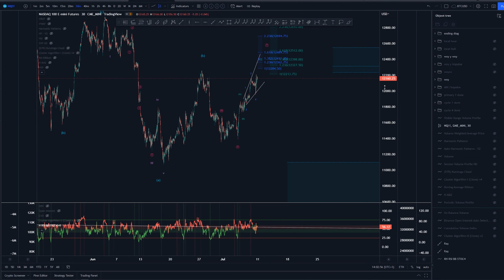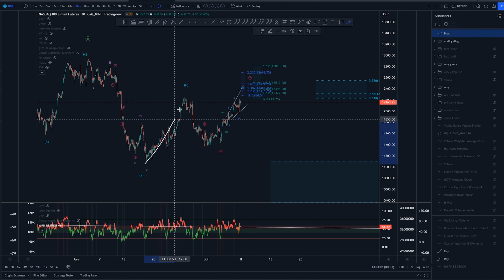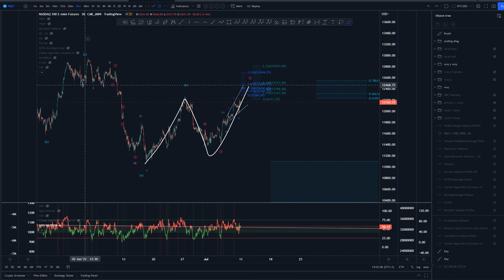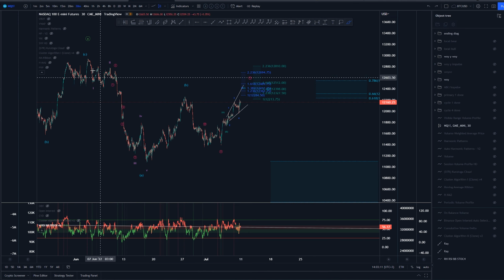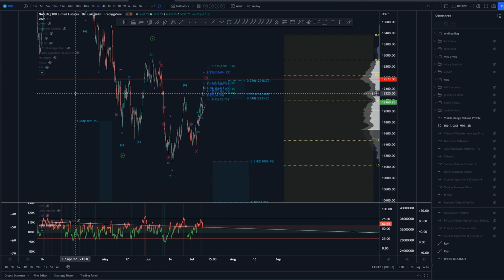Now, overall, what we're looking for here is just to take out these highs with the more bullish idea of this being some kind of three-way structure. So as long as it takes these highs out, most likely getting to these areas here where we start to get some more volume in. Let's take a look.